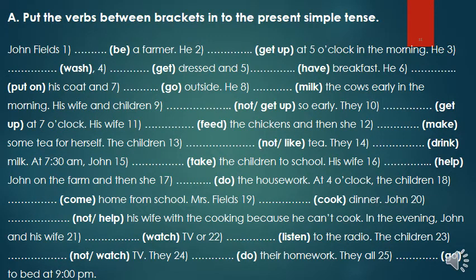So now, after explaining the lesson, let's start with the practice questions. I am going to solve two of the exercises and you are going to solve the rest in the uploaded worksheet. Exercise A says: put the verbs between brackets into the simple present tense.